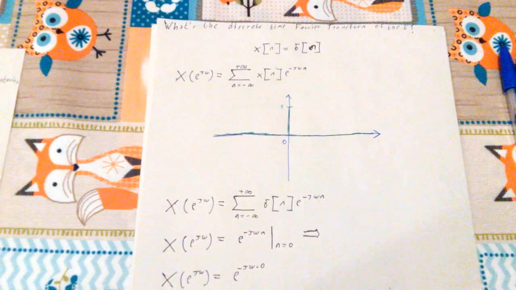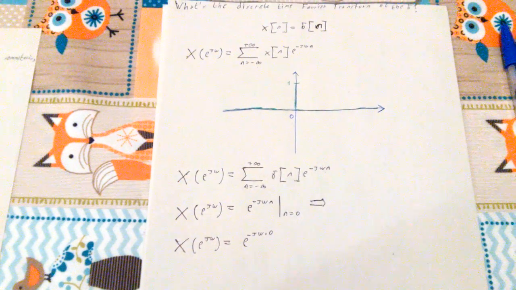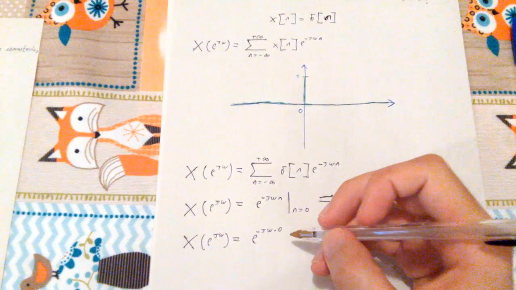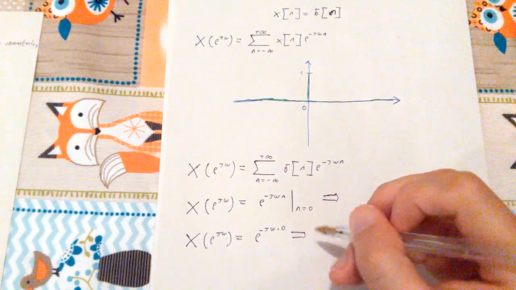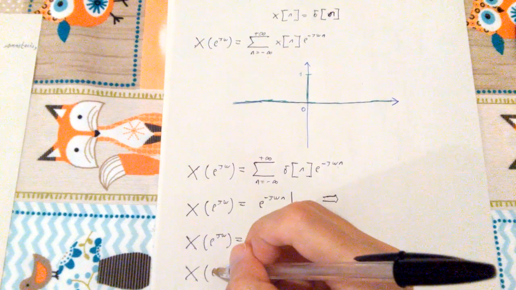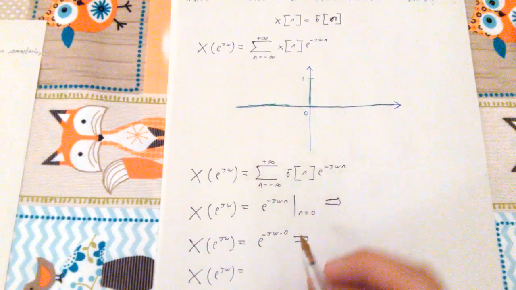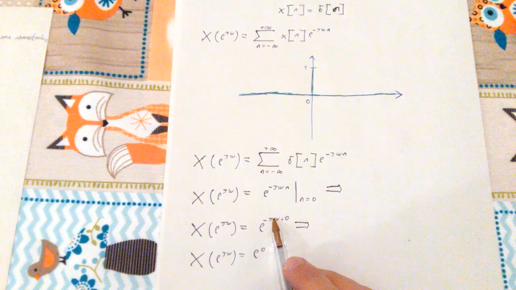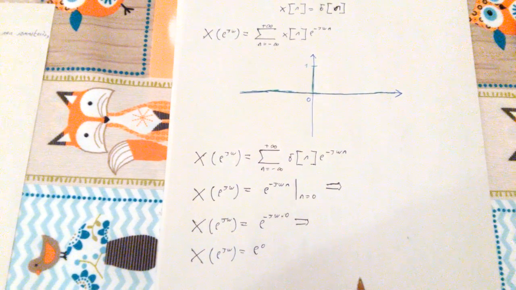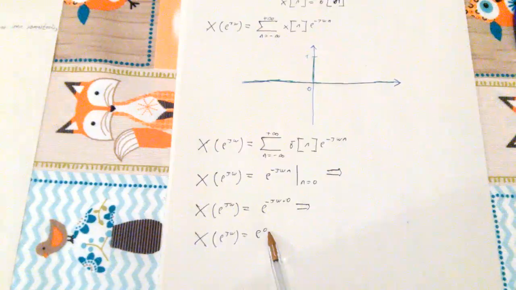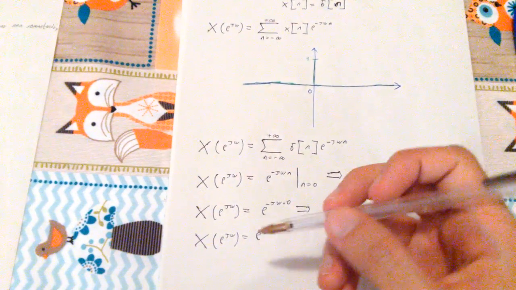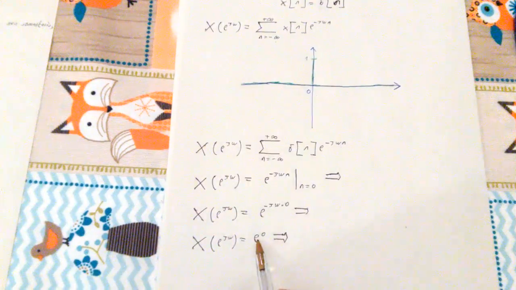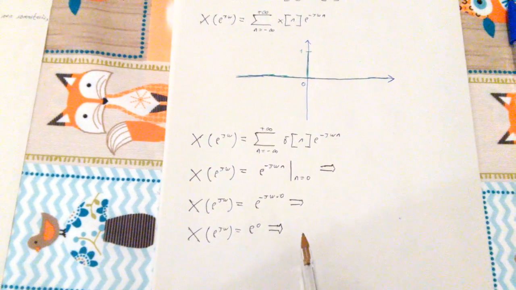And this is fairly easy because something times 0 brings j and omega to 0, so we have e to the 0, which is just 1, since any number raised to the power of 0 is 1.